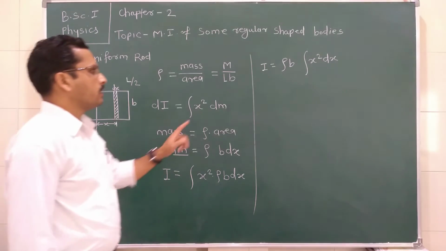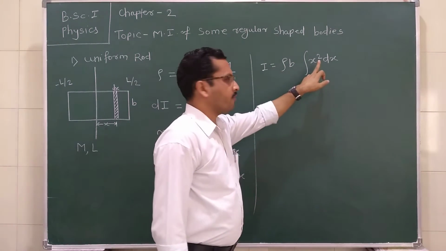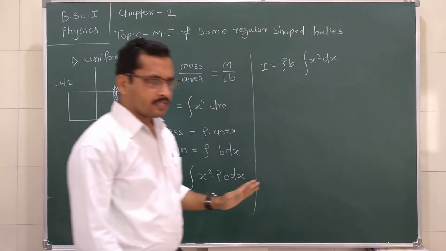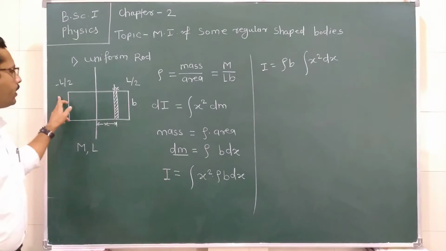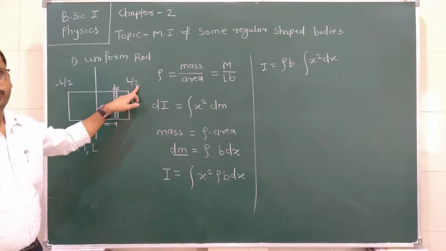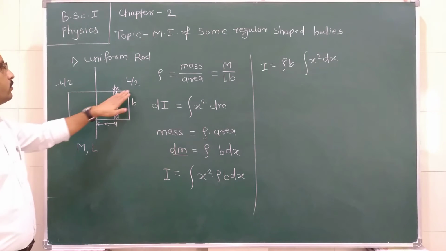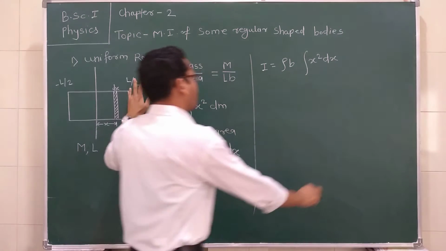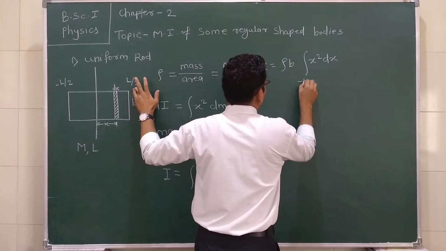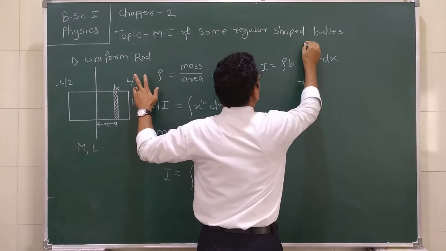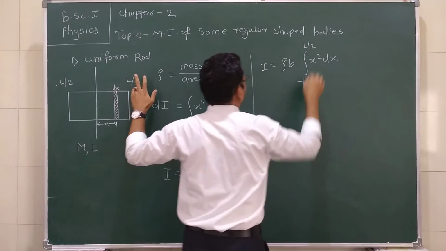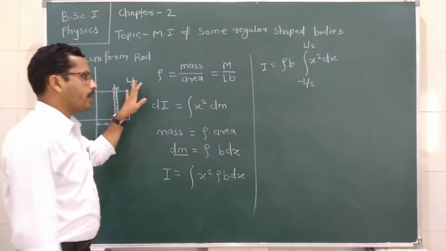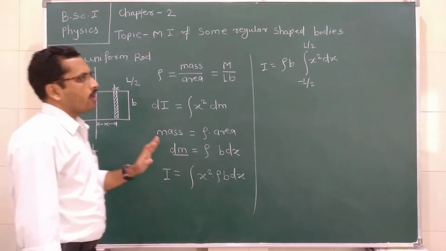It means the value of x varies between minus L by 2 and plus L by 2. These are the limits within which x is varying.